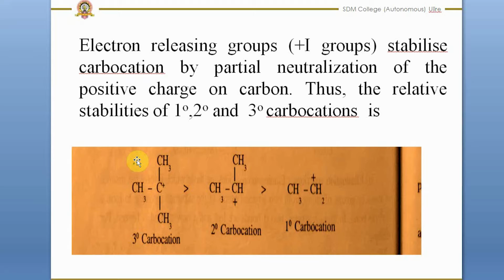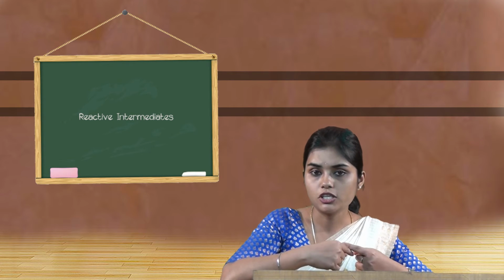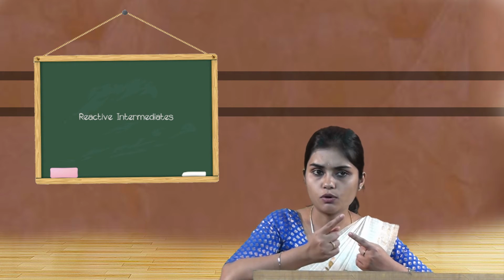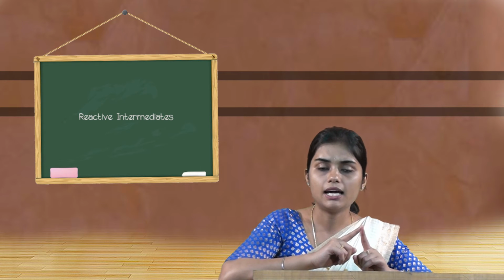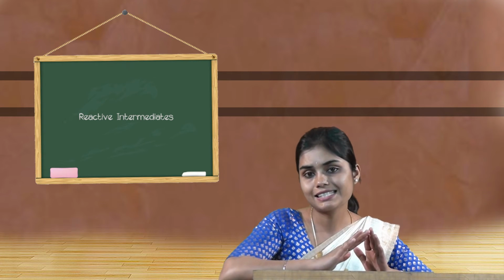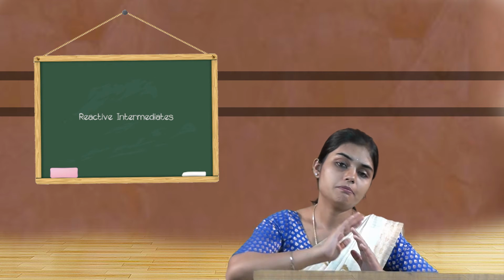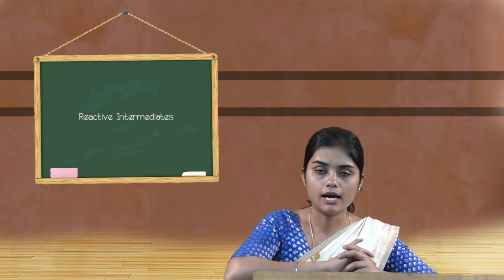So here the stability is exactly the opposite of the carbocation, because the carbocation, being deficient, needs an electron releasing group, whereas the carbanion, being electron sufficient, needs an electron withdrawing group. Because of that, the tertiary carbanion is less stable when compared to the primary carbanion.